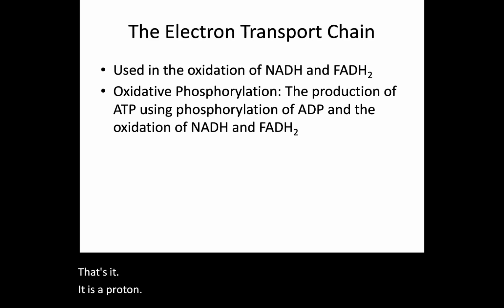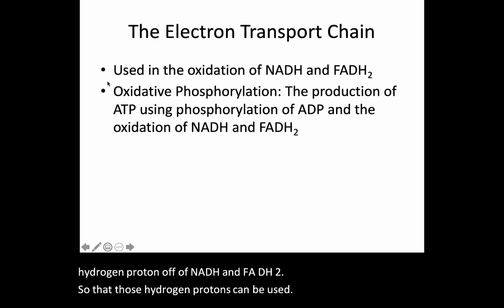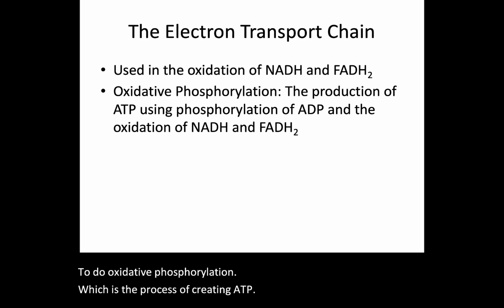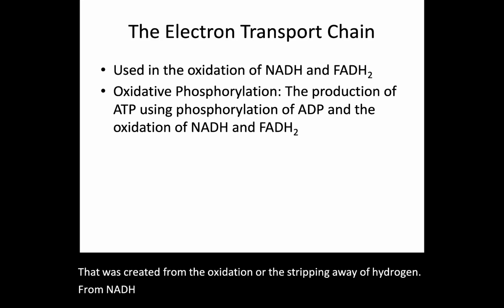And so the electron transport chain is all about stripping away the hydrogen proton off of NADH and FADH2 so that those hydrogen protons can be used to do oxidative phosphorylation, which is the process of creating ATP through the use of a hydrogen proton gradient that was created from the oxidation, or the stripping away, of hydrogen from NADH and FADH2.